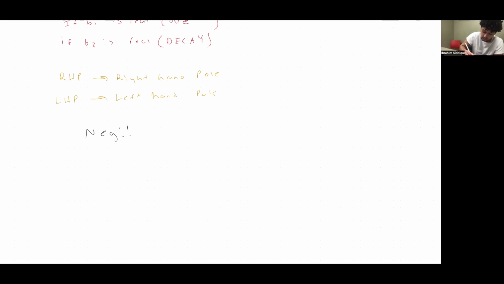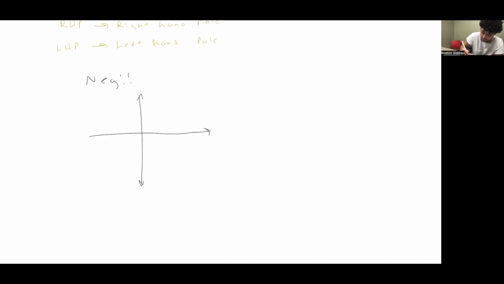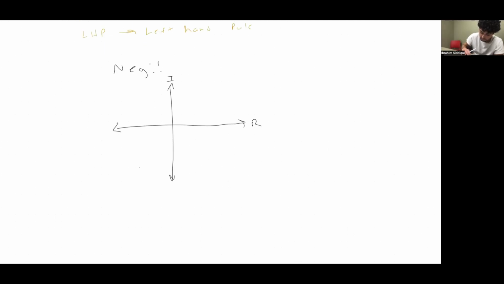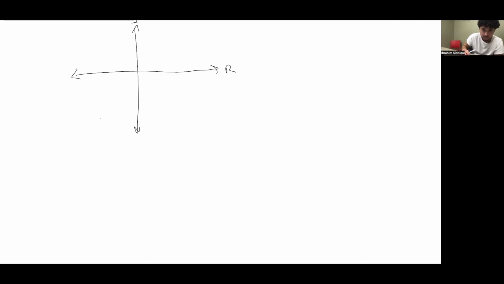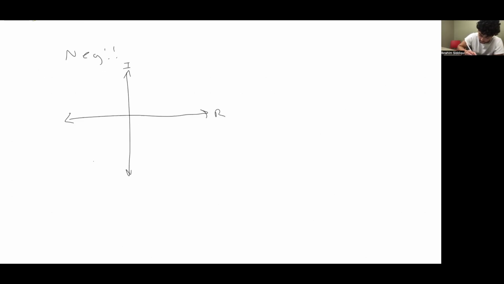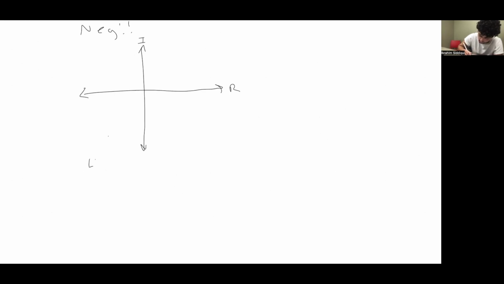Let's go ahead and draw out a sketch for this. We have our imaginary axis right here and our real axis right here. We have our left-hand pole and we have our right-hand pole. Essentially, this side right here on our left-hand side, we're going to say is our negative portion, right?